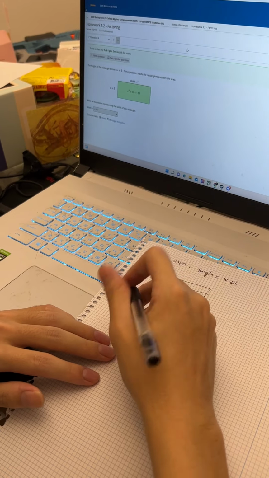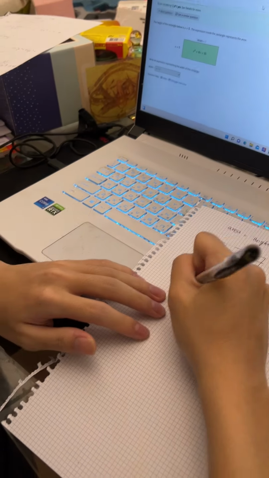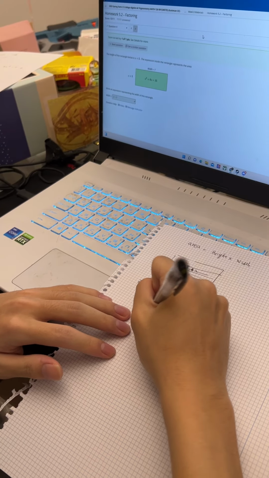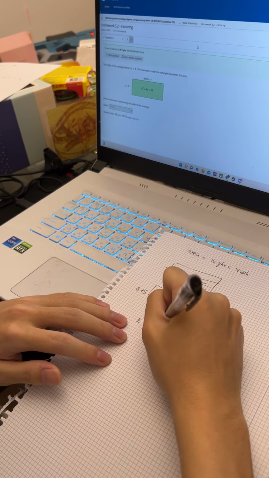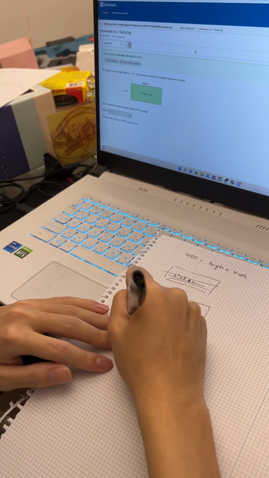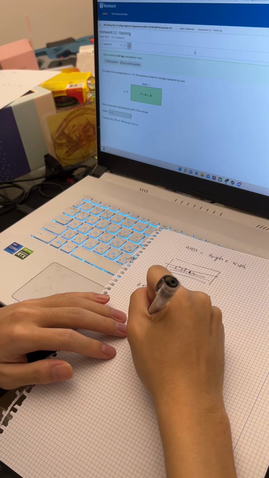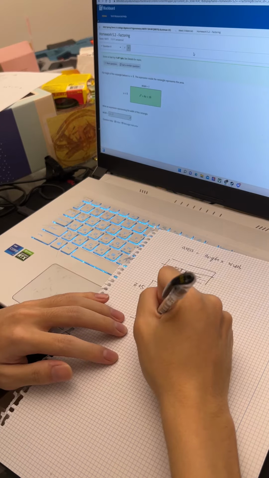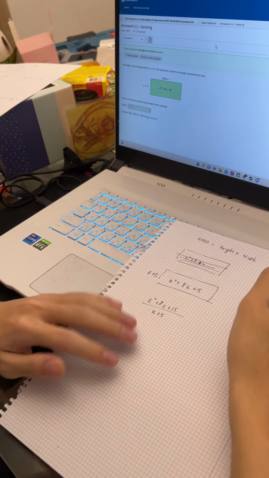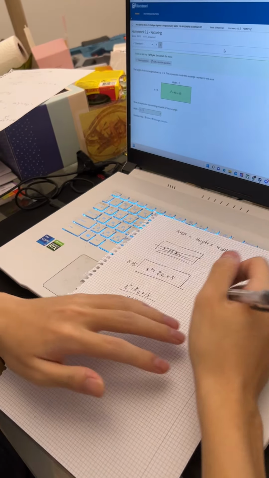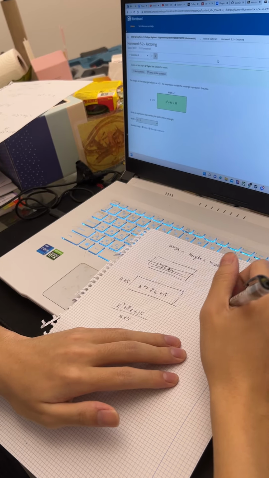So we'll have to divide the total area by its height, which will be its width, z plus 5.